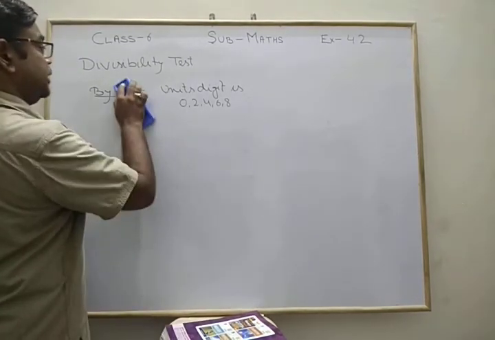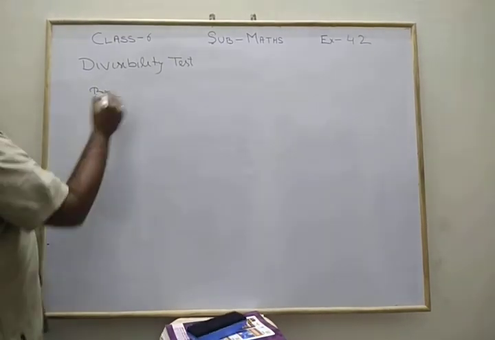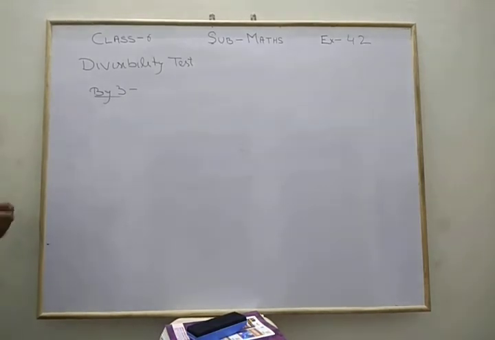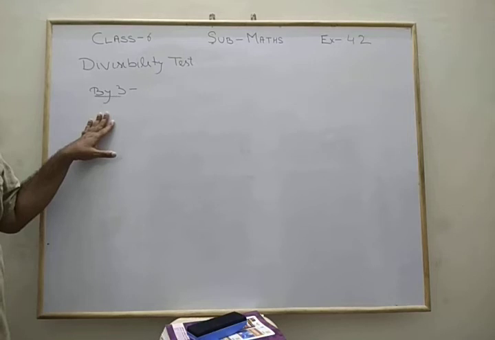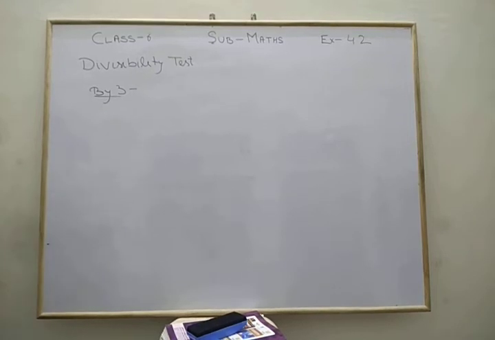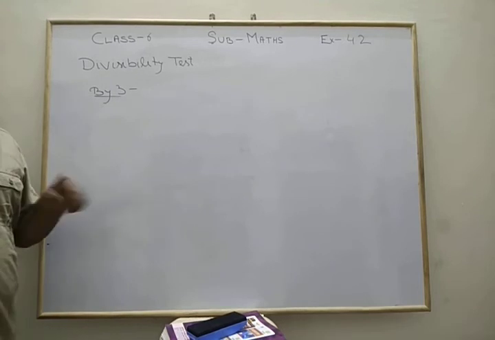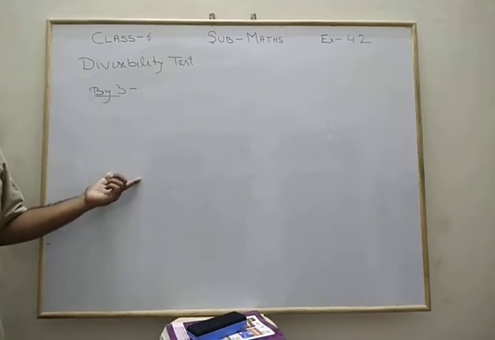Now next one is by 3. If anyone asks you whether a given number is divisible by 3 or not, always remember, a number is divisible by 3 if and only if the sum of its digits is divisible by 3.